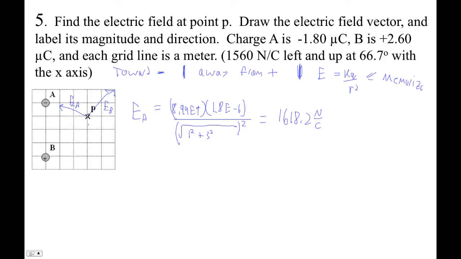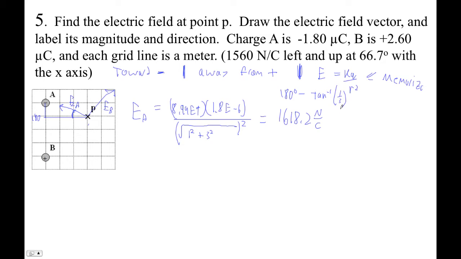So let's just see. Okay, so I'm going to make a little triangle here. Right? And this angle right here, because it's going to be 180 degrees minus that angle, because this is 180 degrees here. Okay, so our angle is 180 degrees minus inverse tan of opposite, which is 1, over adjacent, which is 3.